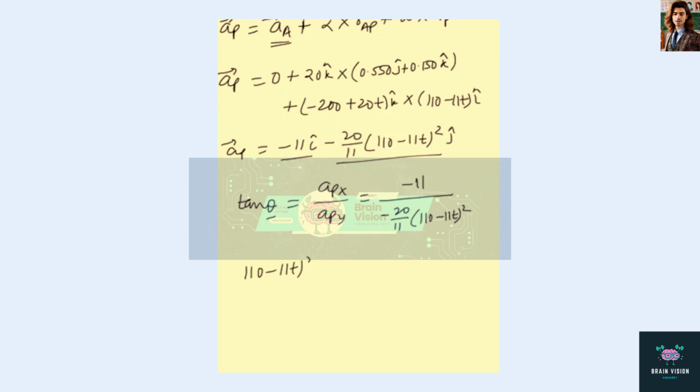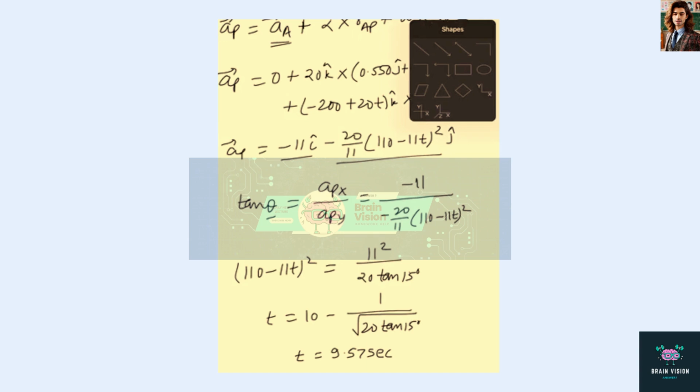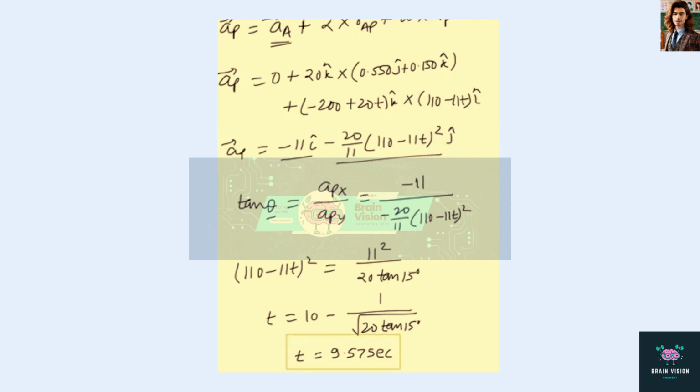So from here, after rearranging, we can write (110 minus 11 t) whole square equals 11 square divided by 20 tan 15 degrees. So now after rearranging we can write t equals 10 minus 1 by under root 20 tan 15 degrees. So after solving it, time t comes out to be 9.57 seconds. Okay, this is the answer to this question.